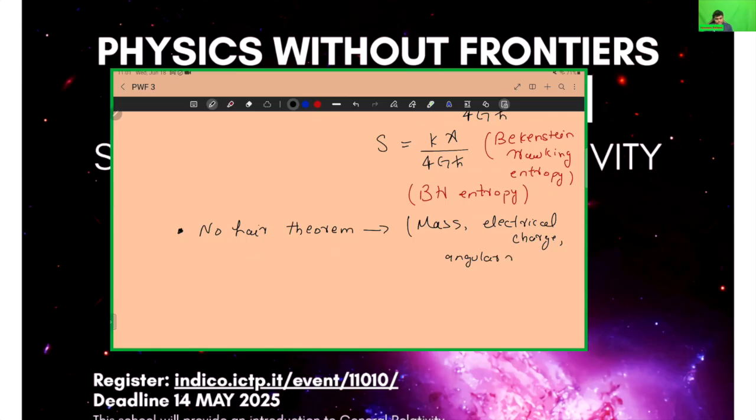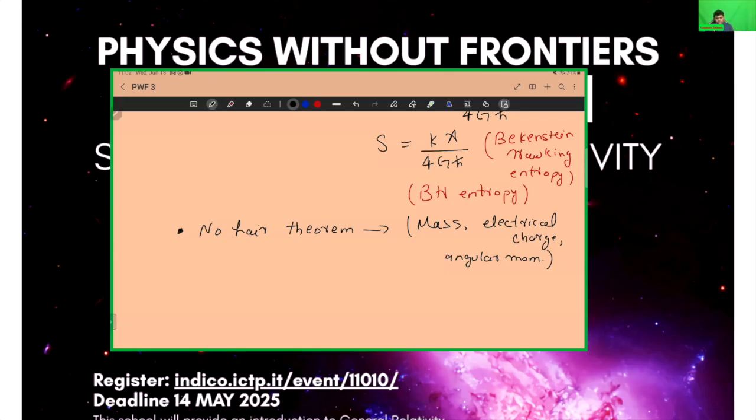If you throw something inside the black hole, the only information about that thing that is going to be retained, that can be detected from the outside, is mass, electrical charge, and angular momentum. All the other information that this particular object carries seems to vanish.